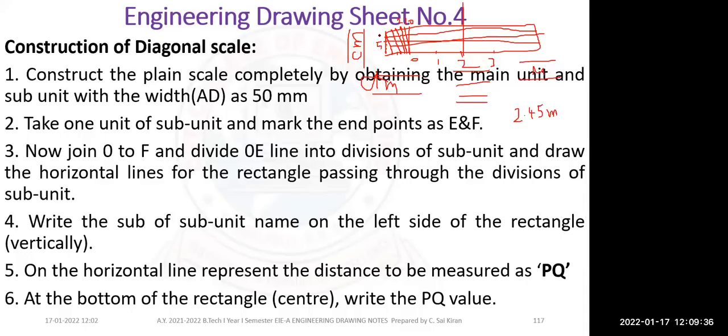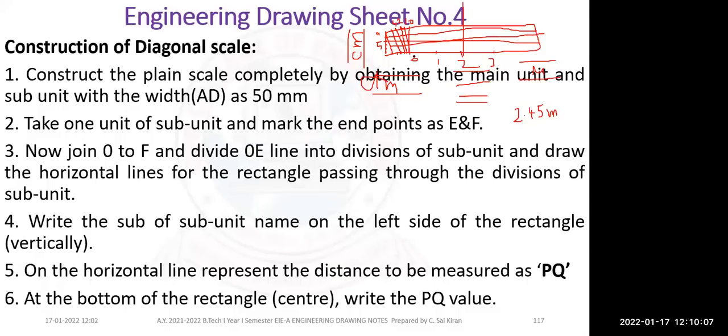Suppose I have divided it into 9, 8, 7, 6 like this vertically. So between these 1 and 2, I want to measure 4, 5. So this is my fourth point. On this fourth point, where this fourth inclined line is touching the fifth horizontal line, that is my 45 decimeter, or that is the value.